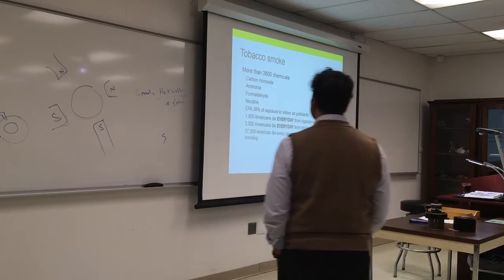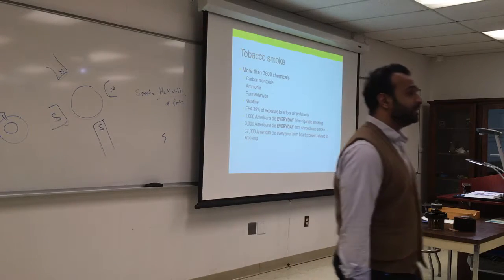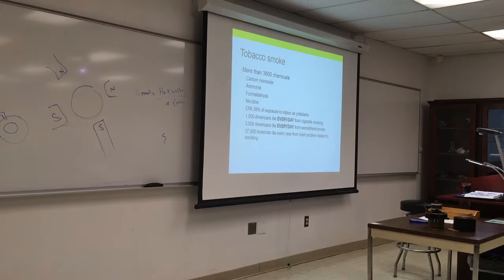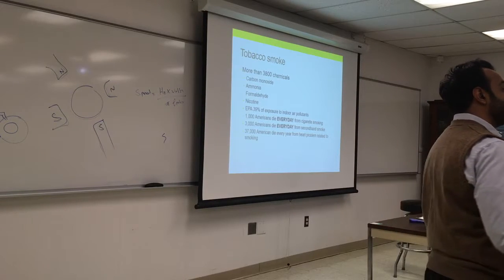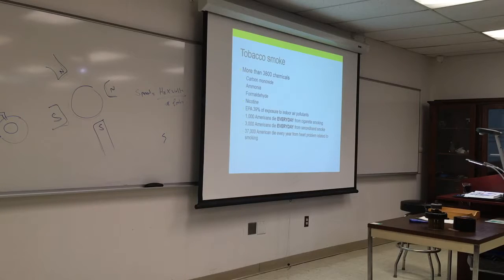Tobacco smoke is another hazardous thing in your house, and it took a while for the government to decide that indoor smoking is bad for many reasons. A lot of research has been done about secondhand smoke and what they call thirdhand smoke.